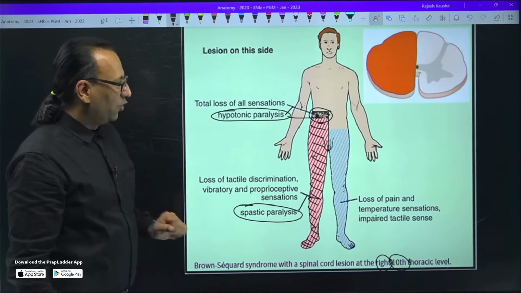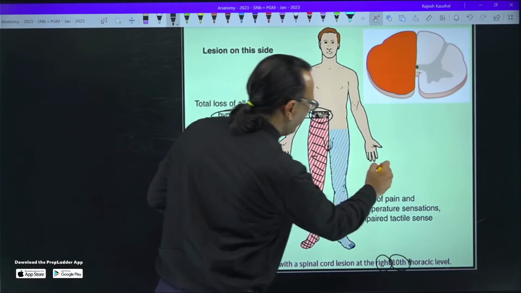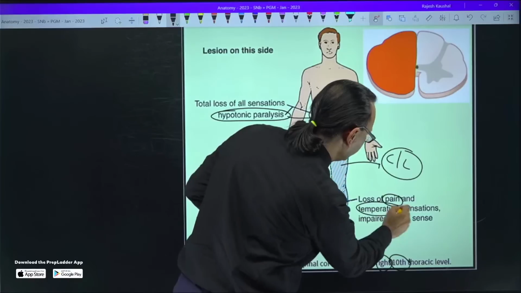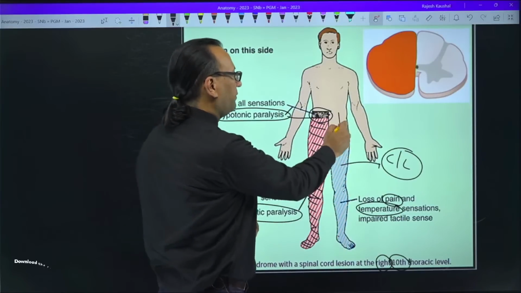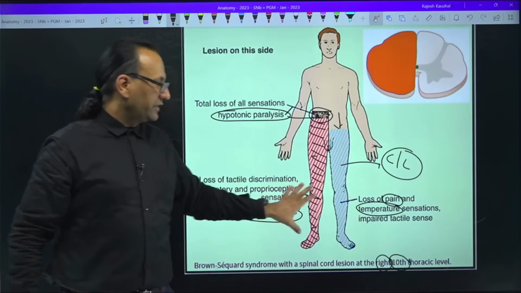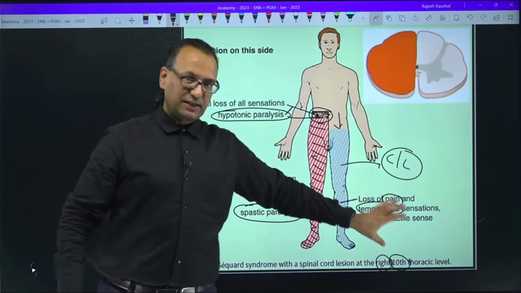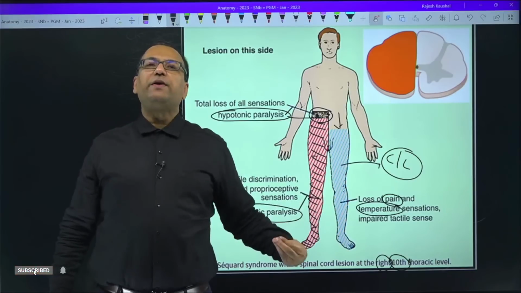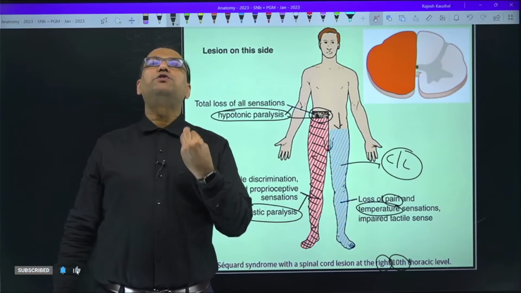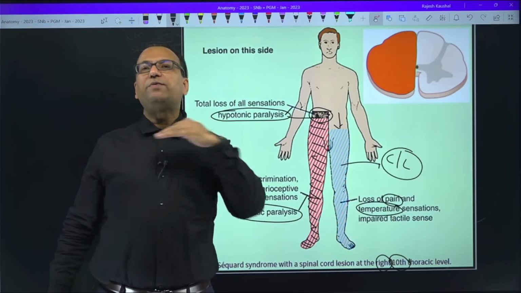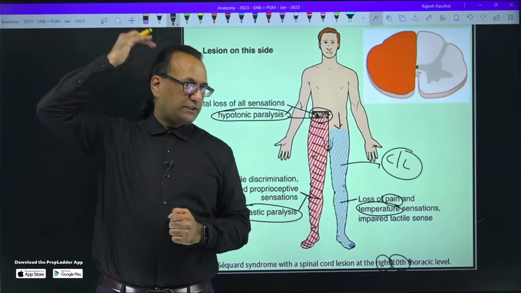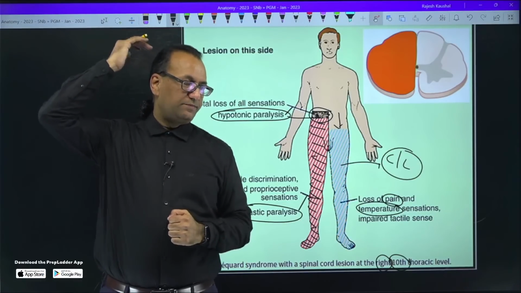Can you tell me why there is contralateral loss of pain and temperature, and that too 2 segments below the level of lesion? Because, as written in Harrison's Medicine, pain and temperature is carried by free nerve endings. Fibers will enter, ascend 1 or 2 segments before the pathway crosses and starts moving on the other side to reach the cerebrum contralaterally.